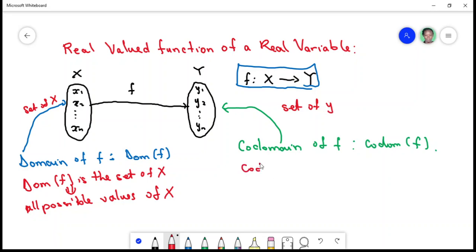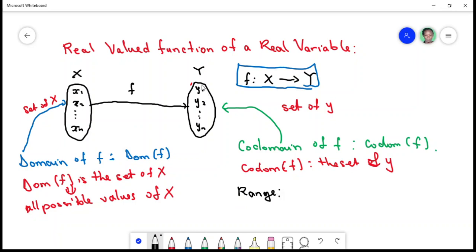So the codomain of f is going to be the set of y. Every member here is the codomain.